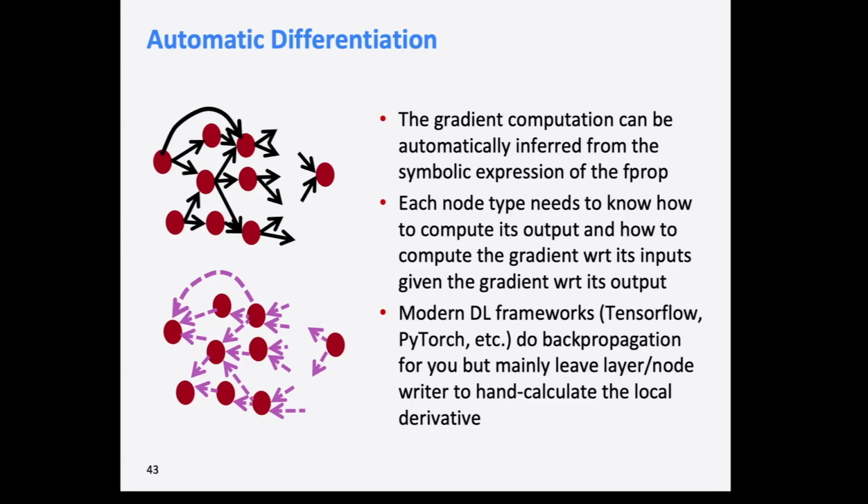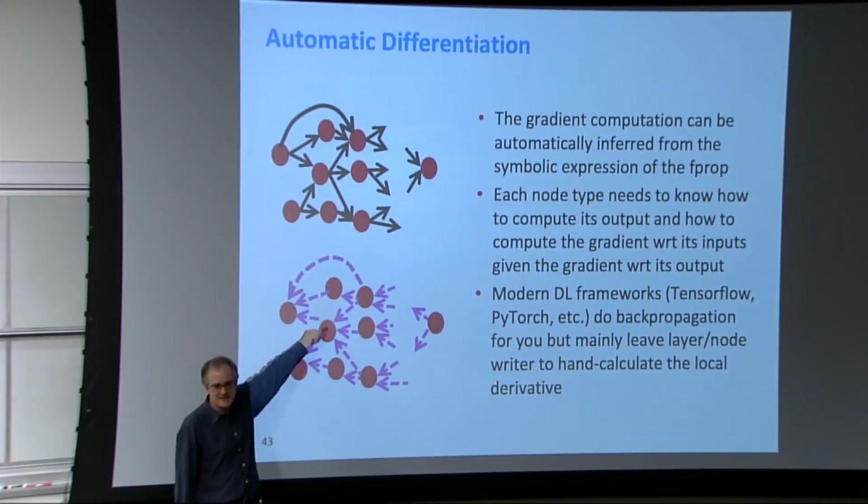For reasons that we could think are either good or bad, current deep learning frameworks like TensorFlow or PyTorch actually do a little bit less than that. What they do is say, well, for the computations at an individual node, you have to do the calculus for yourself.